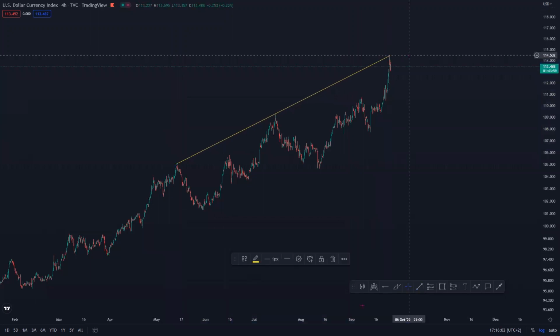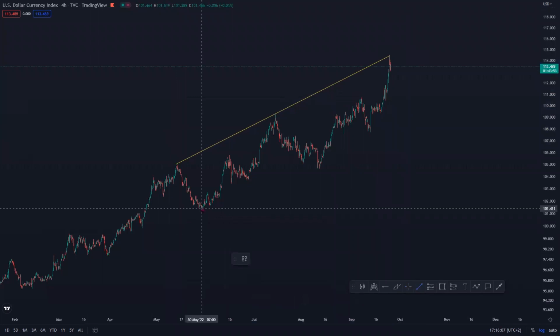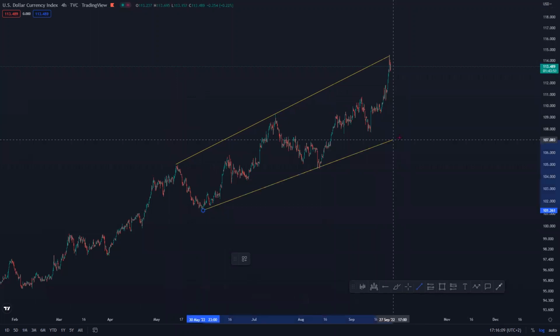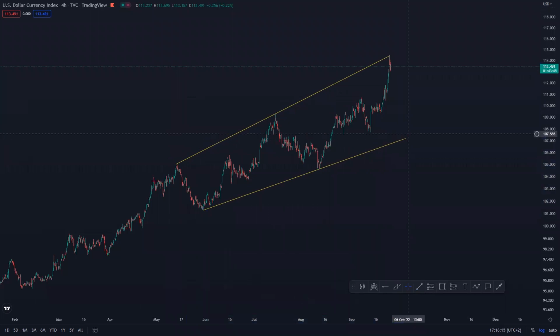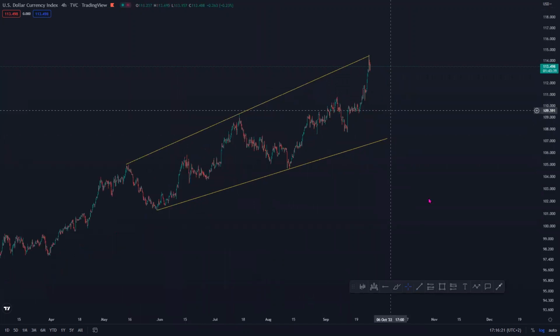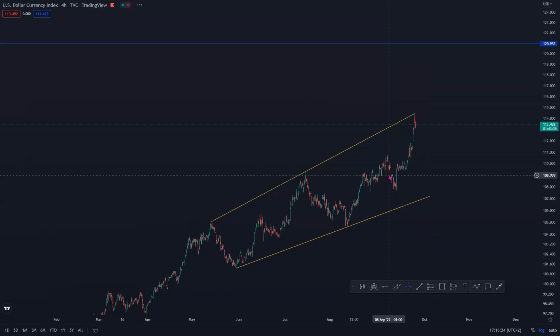We have an ascending structure on the 4 hour with a first touch, second touch, and third touch. Now let's go to 2 hours or maybe 1 hour.